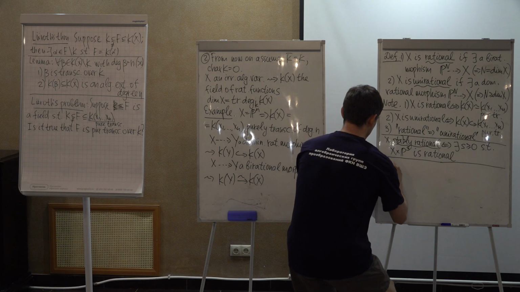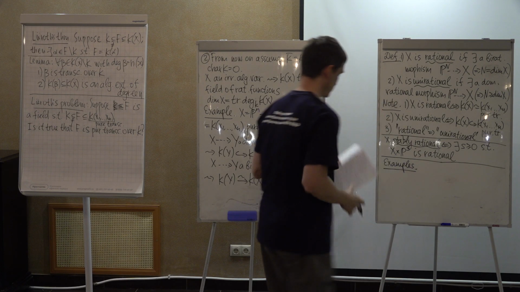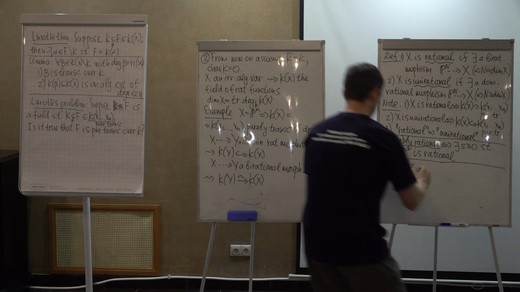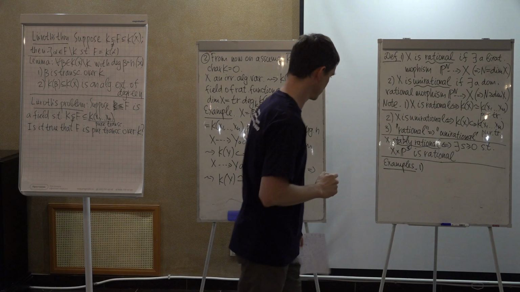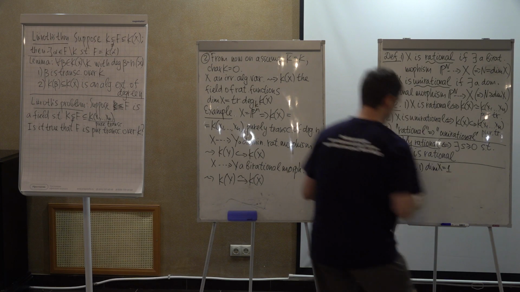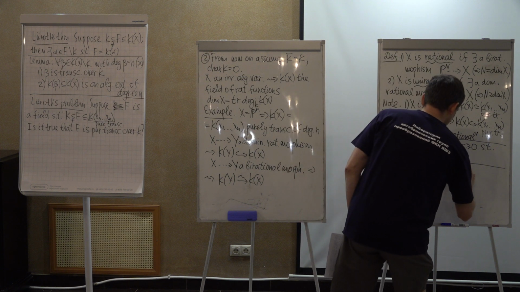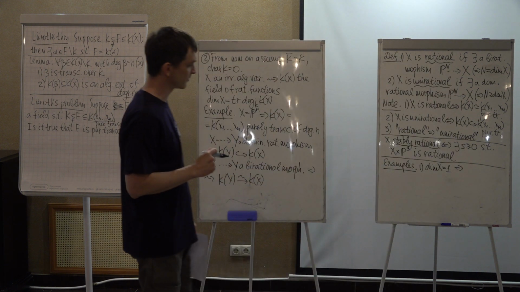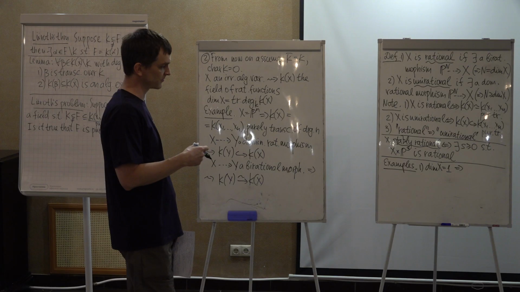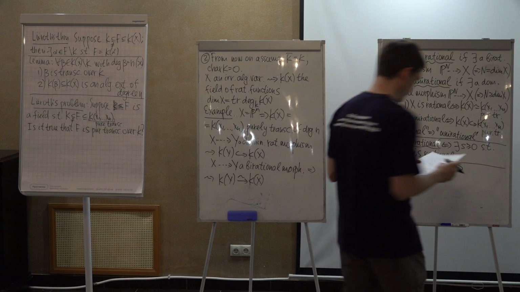So, examples. The first example, so let's consider the case of curves. So the dimension is 1. Then there is a birational classification of such varieties, of curves.